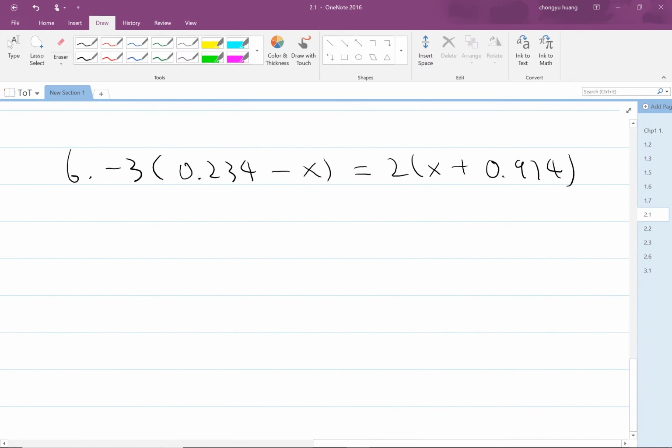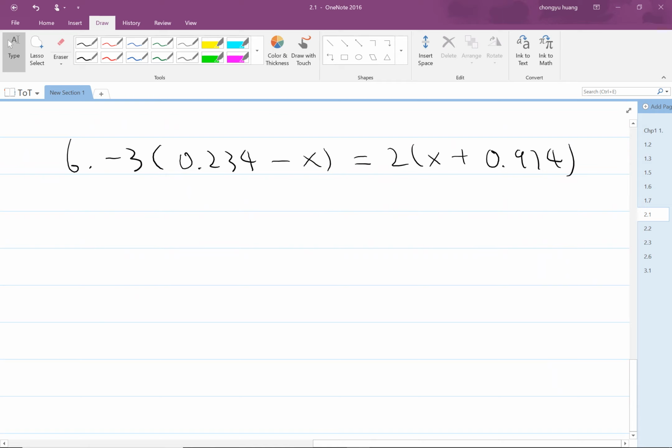Maybe you look at it and seem like you don't know how to do it. But remember before I said, here what you can see is that we have to simplify a little bit in order to solve for x, right? On the left hand side we have a -3 multiplied by something in the bracket.